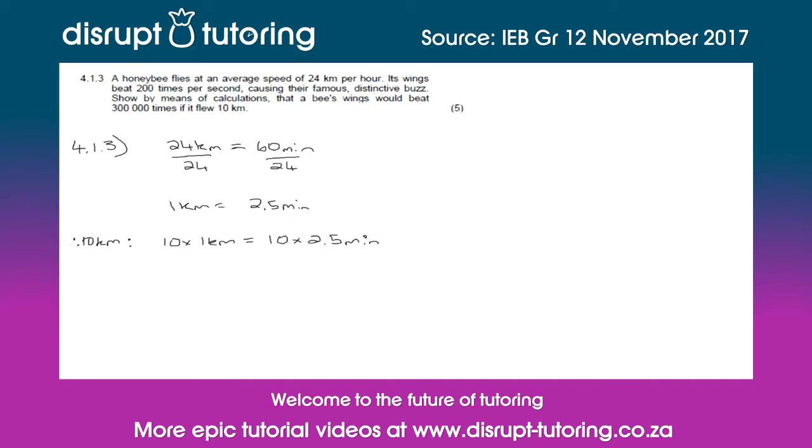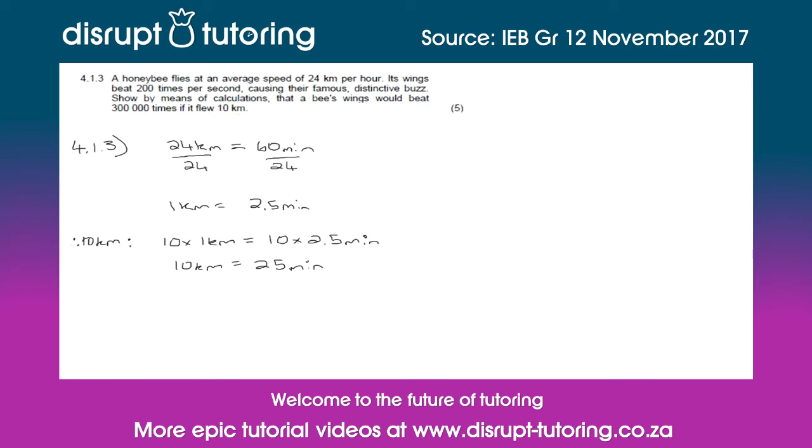That still keeps the equivalency. So that means that 10 kilometers takes 25 minutes. So 10 times 2.5 in your calculators comes to 25 minutes. So now we know that it's going to take the bee 25 minutes to go this 10 kilometers.